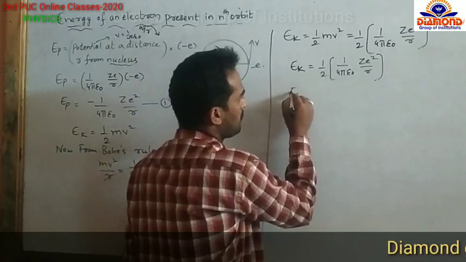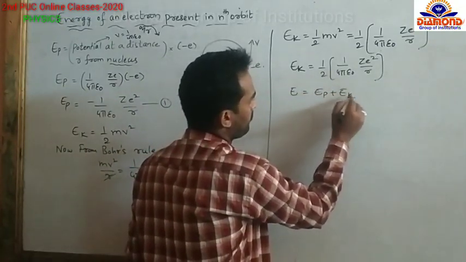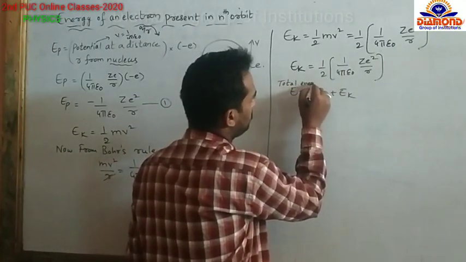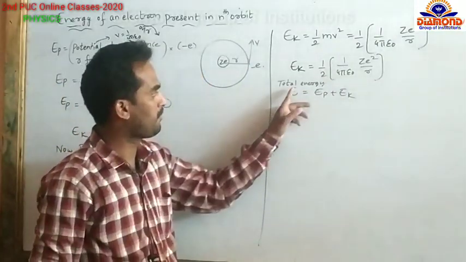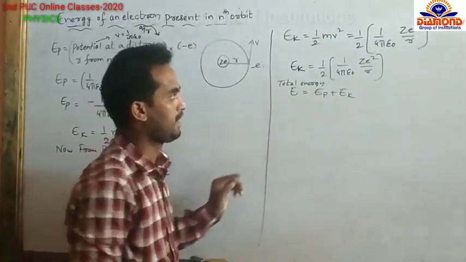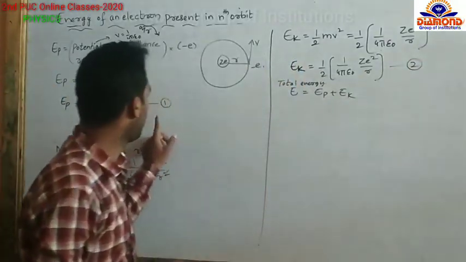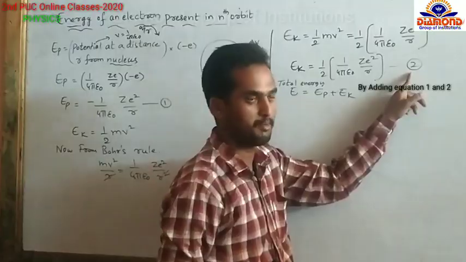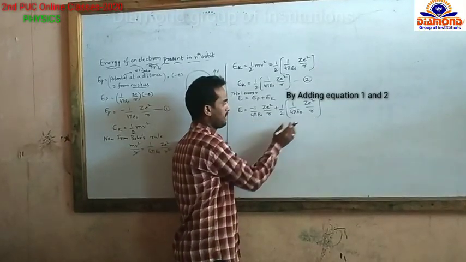So we want total energy. How do we get total energy? That is the sum of the potential energy plus kinetic energy. So potential energy is indicated by equation number 1 and kinetic energy by equation number 2, by adding. So this is potential energy and this is kinetic energy.